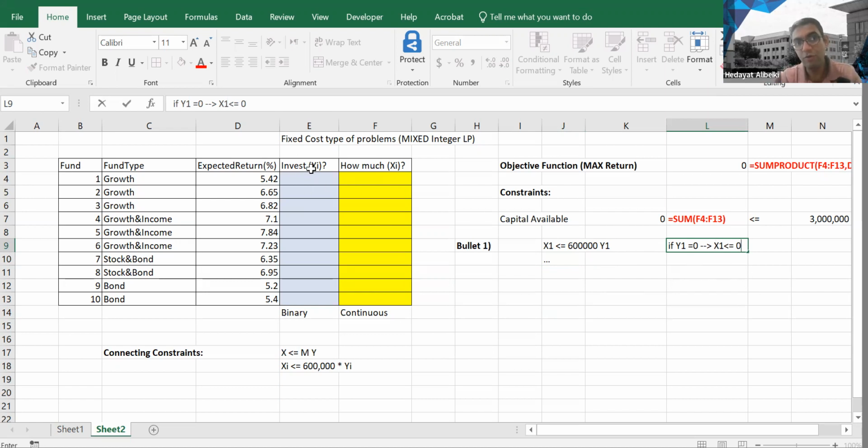So if you made a decision not to invest in x1, it forces x1 less than or equal to 0, and then we have a non-negativity constraint, so it'll force x1 to be exactly equal to 0. But if y1 is 1, x1 can be any number from 0 to 600,000. So it doesn't force anything, it allows it to change freely between 0 and 600,000. But it forces it to be 0 if y1 is 0.